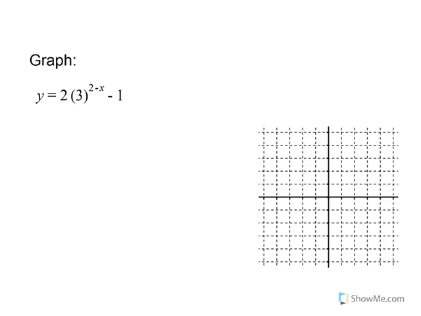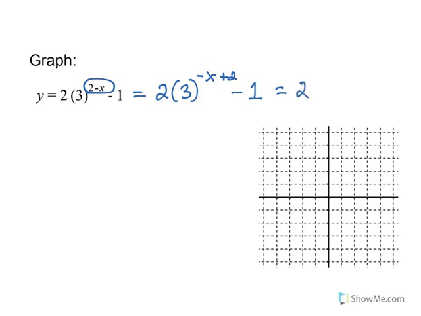So we're going to start off by figuring out what the base is here. The reason we don't know what the base is yet is because there is a negative in front of the x. So what we're dealing with is y equals 2 times 3 to the negative x plus 2, minus 1. I need to factor the negative out of the exponent.